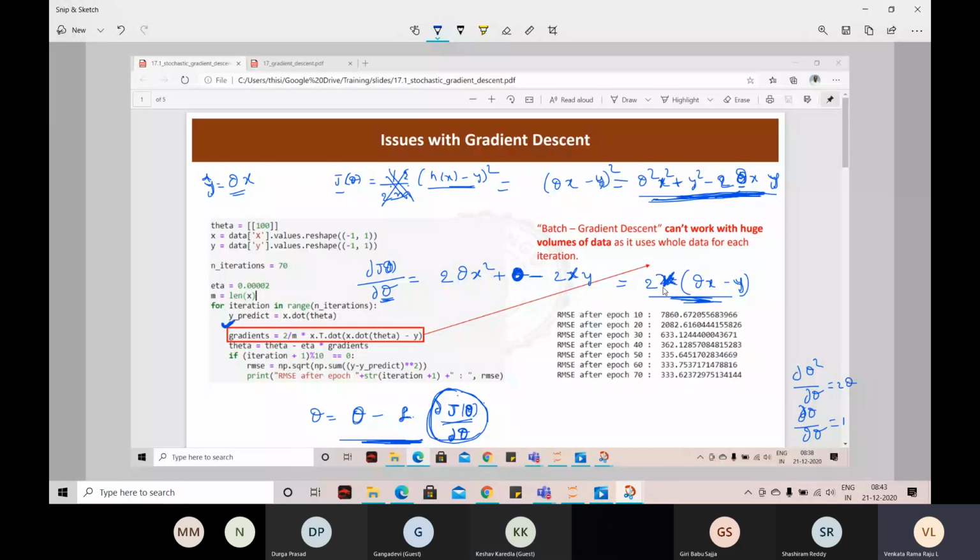If you look at this formula and the red box, now you can correlate why I am using this. If you look at 2x into theta x minus y, and the red box that I am drawing here, in the brackets theta x is there. You can see the blue circle around theta x.